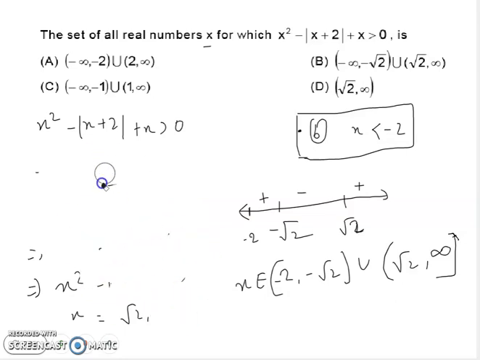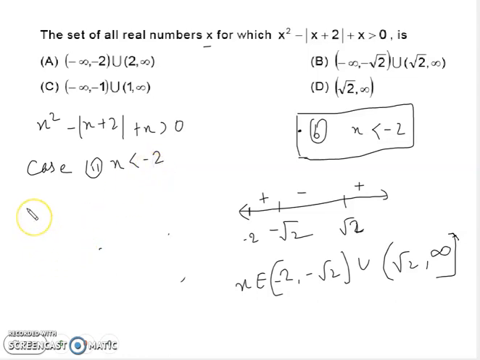In case 2, when x is less than minus 2, it becomes x squared plus x plus 2 plus x is greater than 0, and we get (x plus 1) whole squared plus 1, which is greater than 0.